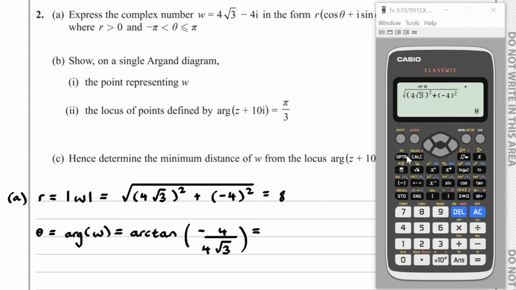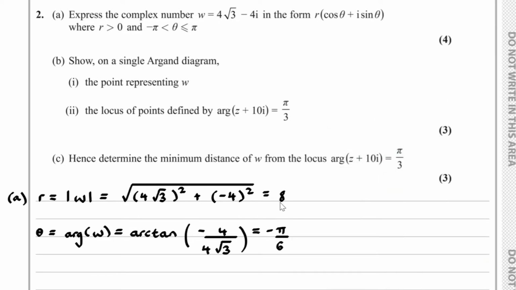If I work out what this is, we have the inverse tangent of minus 4 divided by 4 root 3, and it turns out we get minus 30, which in radians is minus pi over 6. It's equivalent to 30 degrees.